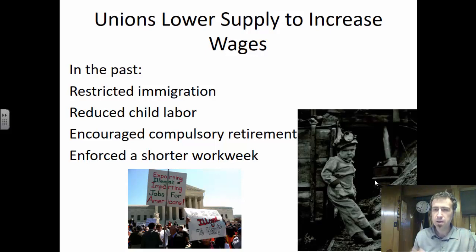It's all about making people's lives safer," and maybe there was some legitimacy to that, but it also means there are fewer people allowed to work, which then increases the demand for more workers to be hired, or the same workers to be hired but at higher wages. And so the most classic thing they do is try and lower supply.